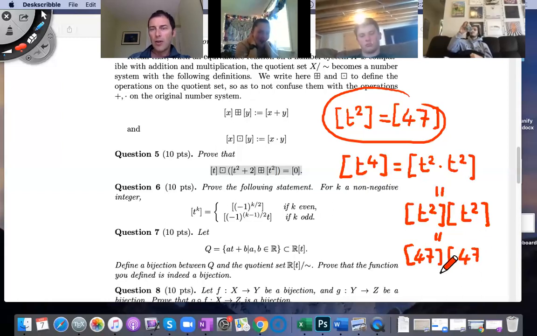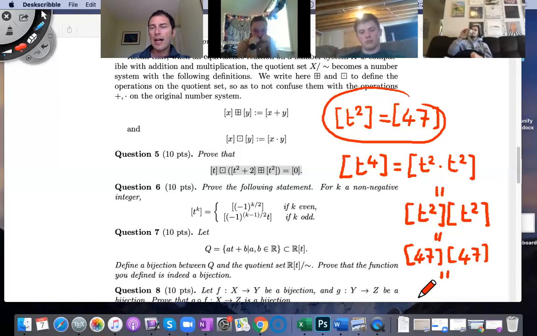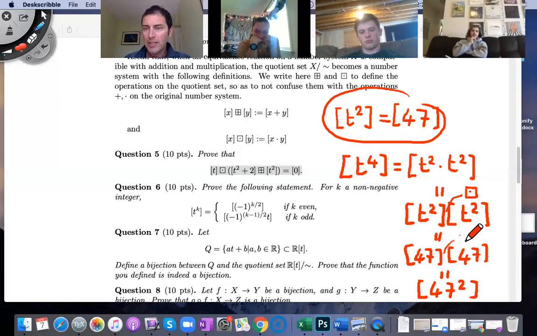And eventually say that t to the 4th is the equivalence class of 47 squared. So you can do this, and sorry, I got lazy. You should really put a box times here and here, because you're multiplying equivalence classes.